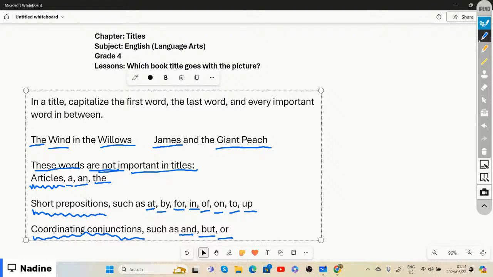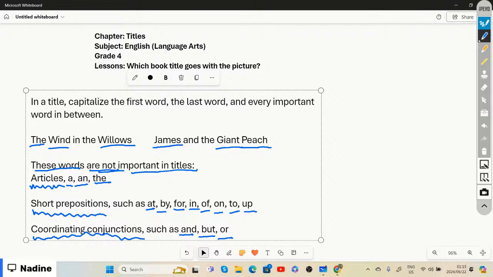We do not capitalize words that are not important. But if the article, the preposition, or the coordinating conjunction is the first word of the title, then we need to capitalize it, right?